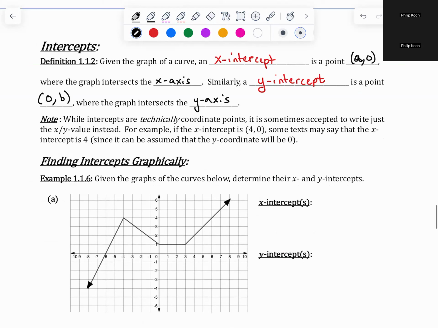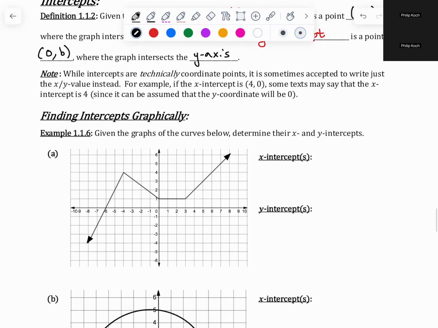So given the graphs of the curves below, determine the x and the y intercepts. The x-intercept or intercepts are where it crosses the x-axis. I'm going to color code this in red. There's only one spot where it crosses the x-axis, right there at negative 6.